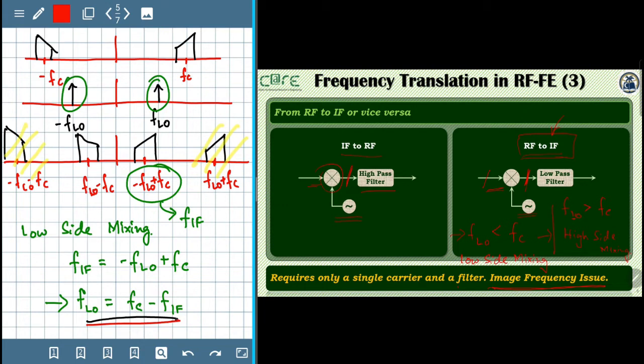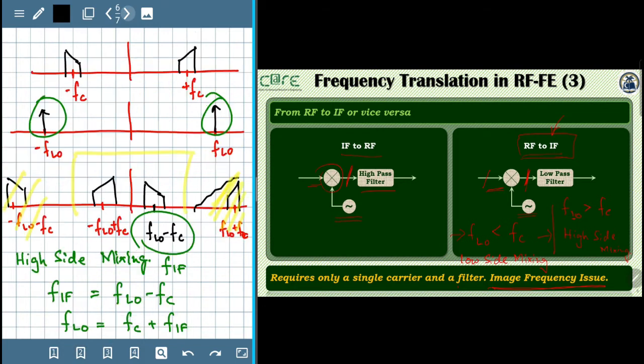But we say that if we are using this low side mixing, another carrier frequency at FC dash gets translated to the same IF frequency by means of the high side mixing taking place.